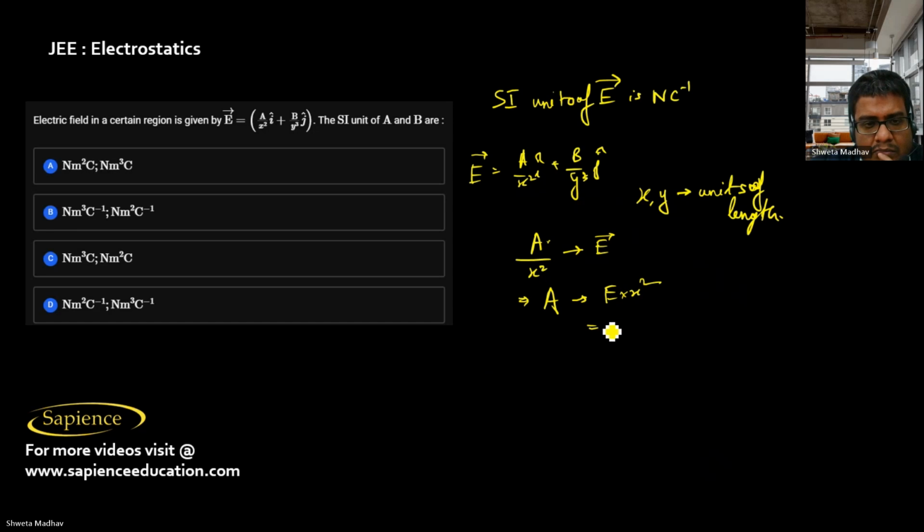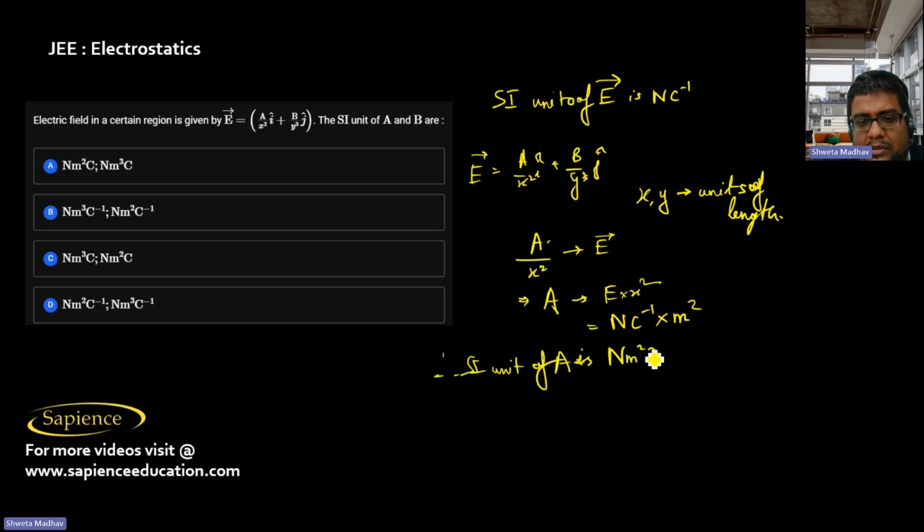So this will be Newton per coulomb into meter square. So the SI unit of A is Newton meter square per coulomb.